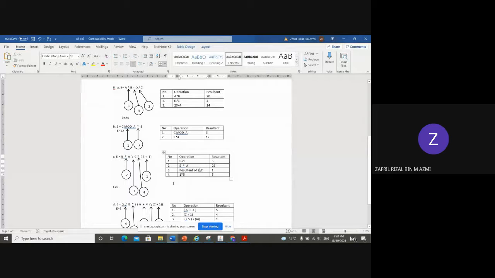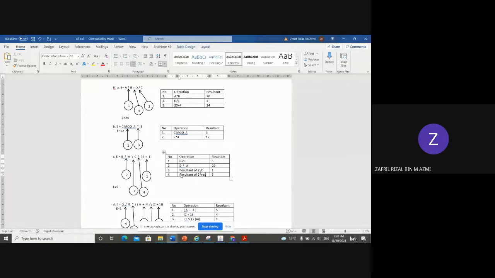Alright, step number 4 ni, supposedly what? Resultant of 3, multiply by resultant of 1.